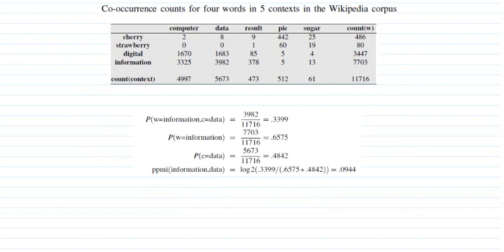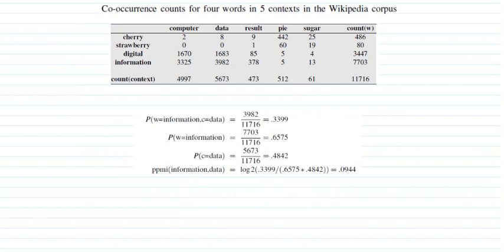Now cherry as a target word has context computer 2 times, and cherry as target word with pie as context word has frequency of 442, right?